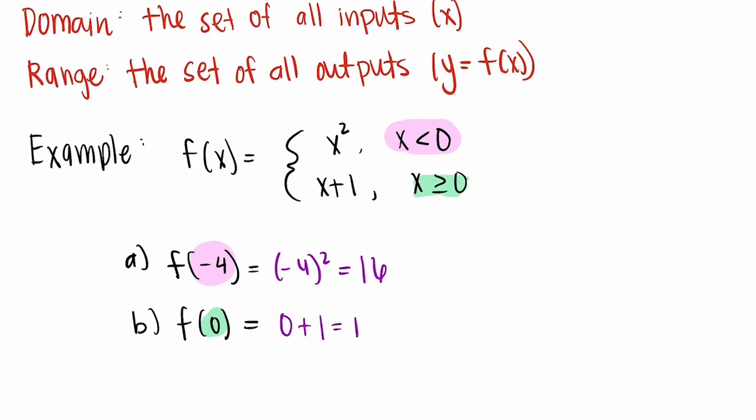And then if I just said any number bigger than 0, something like f of 20. Once again, which part am I going to use? I'm going to use the bottom one as well because 20 is bigger than 0. So 20 plus 1 is 21.